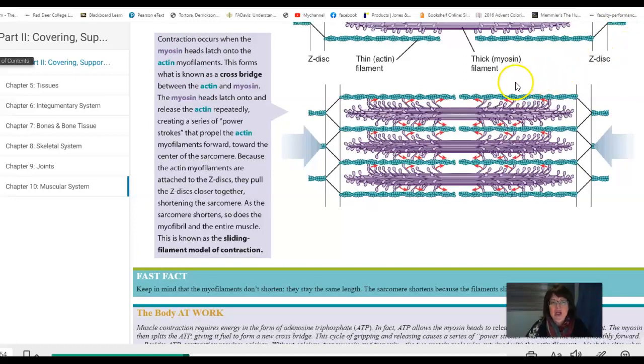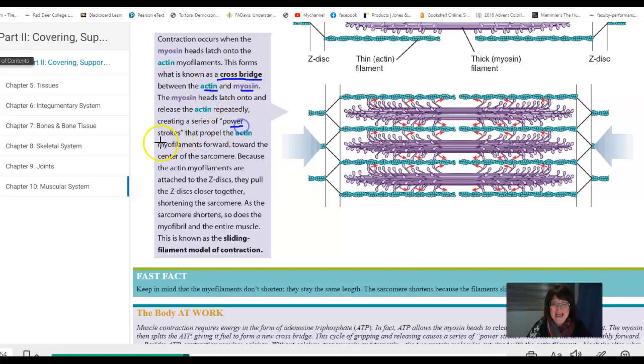So the myosin heads will latch on to the actin binding sites, forming a cross bridge. Then it will slide, and this will be the power stroke. So pay attention to the word cross bridge, and that's a cross bridge between the actin and the myosin.